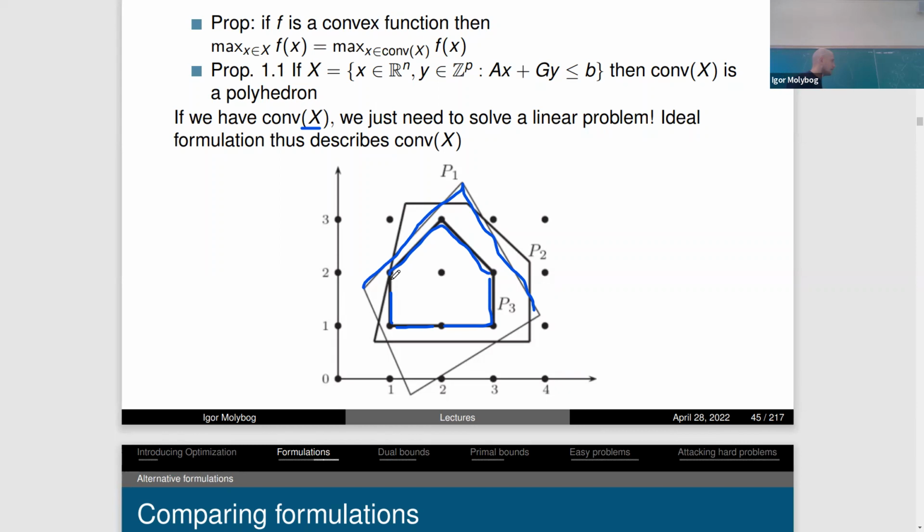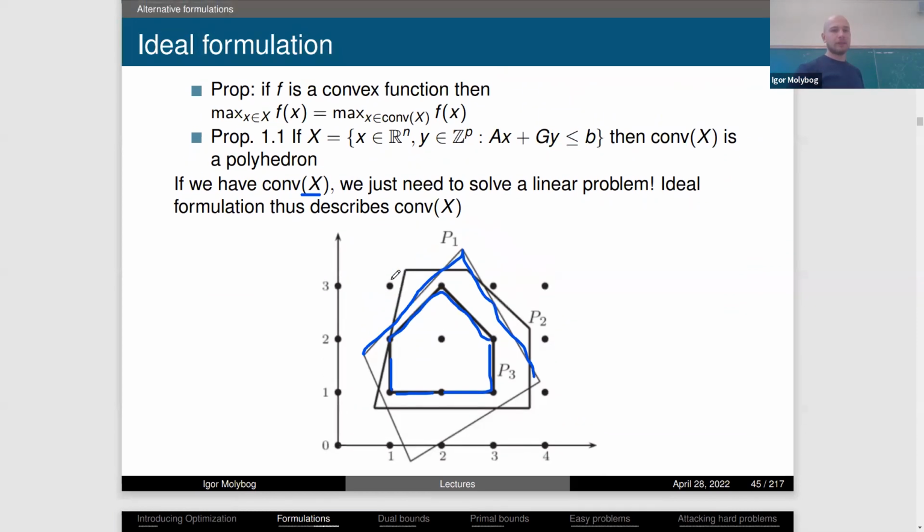And computational complexity is not directly related to the number of facets in the exact formulation. But it's often correlated.